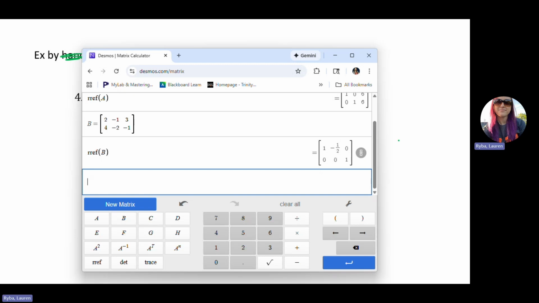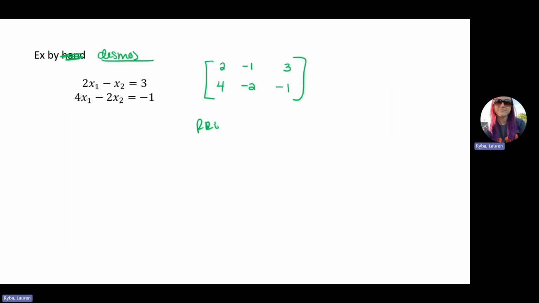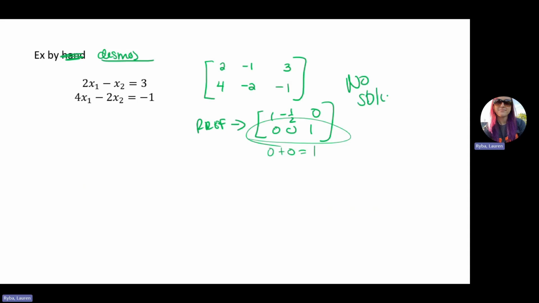All right, so when I reduced it, RREF, we got 1, -1/2, 0, 0, 0, 1. So that bottom row is telling me no x's plus no y's equals 1. Not possible, so no solution.